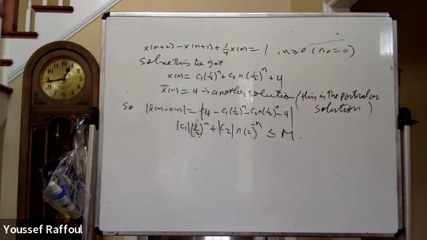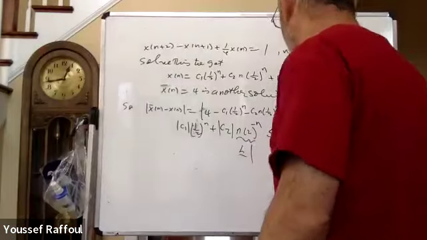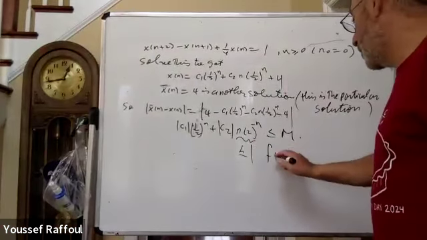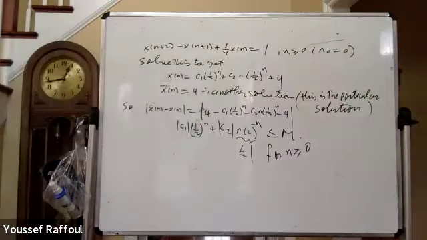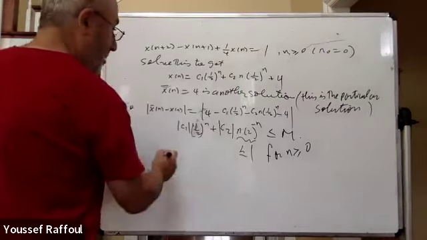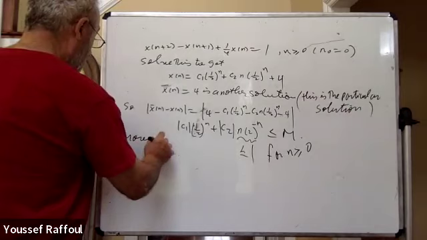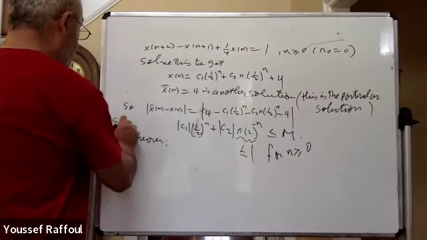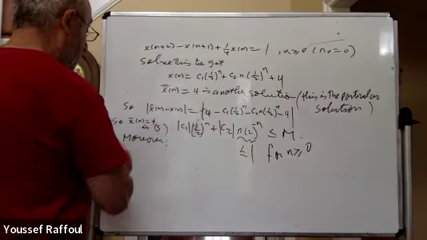Because this number here is less or equal to 1 for n bigger or equal to 0. All right? Always. And moreover, here x star of n equals 4 is stable.